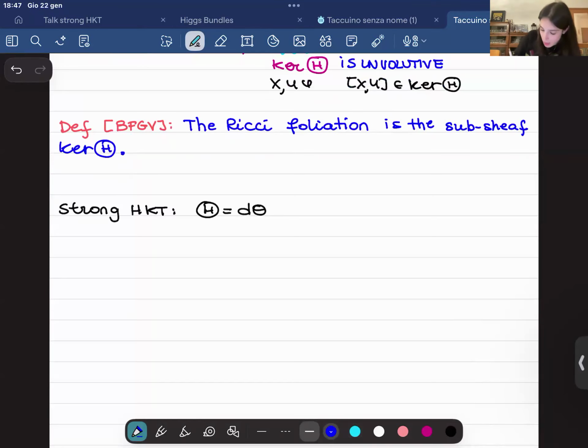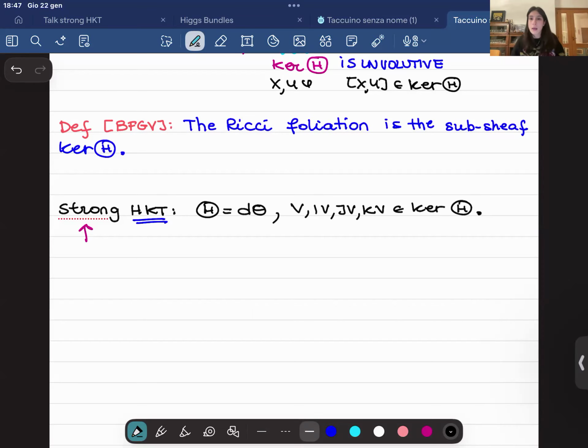So this is actually from the HKT condition, and from the strong HKT, one can prove that the four vector fields V, IV, JV, and KV belong to this subsheaf. So they belong to the kernel of theta. So this is how to relate this Ricci foliation with the case we are interested in. And actually, we use the Ricci foliation to prove that the distribution spanned by these four vector fields was actually involutive.